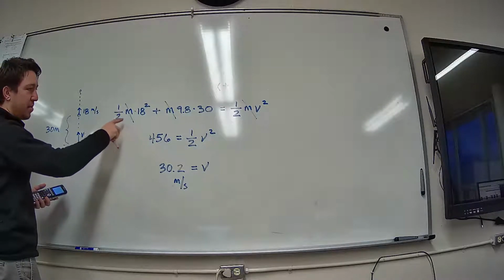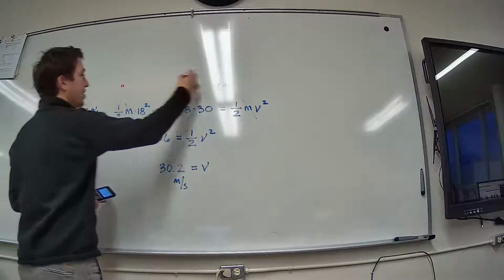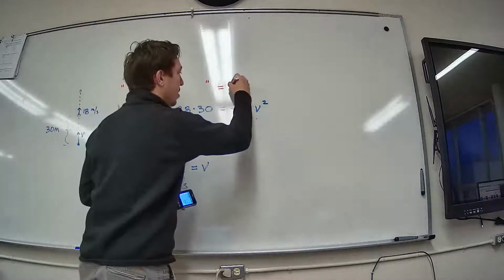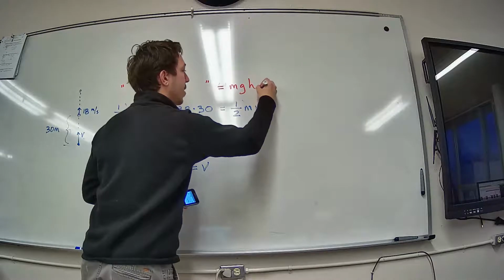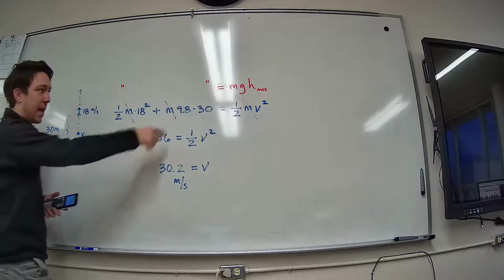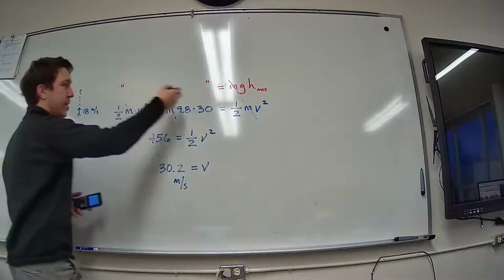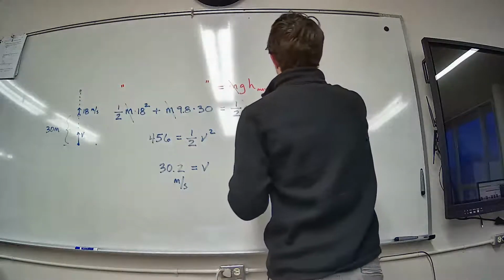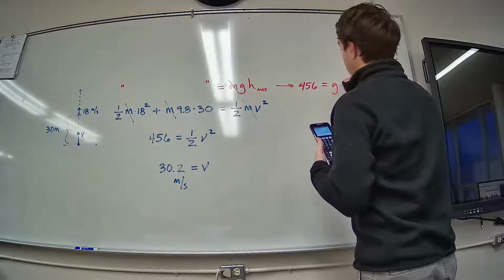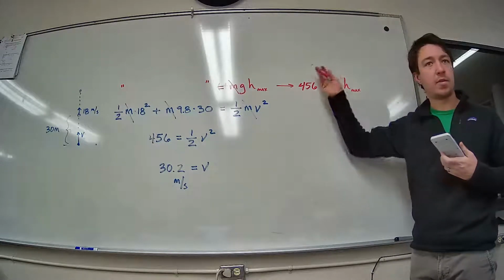Does it make sense how if I wrote out the same thing, same left side, but on the right side instead I wrote mg times h max, then after I cancel the m's, I would just have 456 equals g times h max. Let me know if that's confusing. I can write out the whole thing if you'd like.